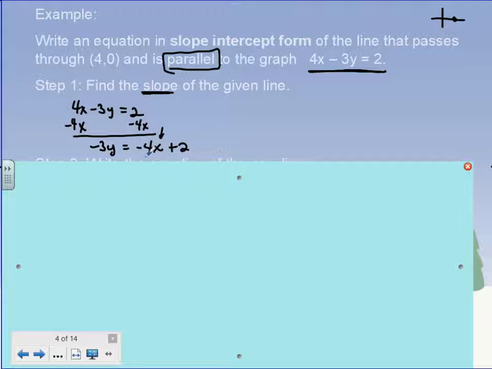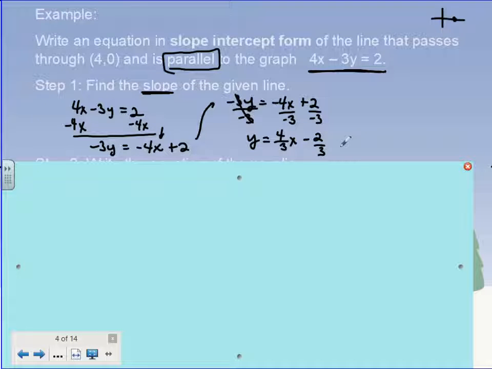So I just deliberately put it first on that side. Now that we've got the x and the number part, we're almost done, but we have not yet isolated y. So I'm going to isolate y by dividing every single thing by that negative 3. Negative divided by a negative is a positive, so y equals 4/3 x, minus 2/3.